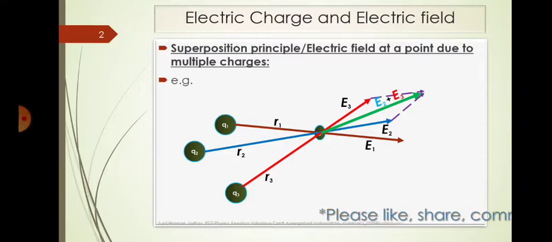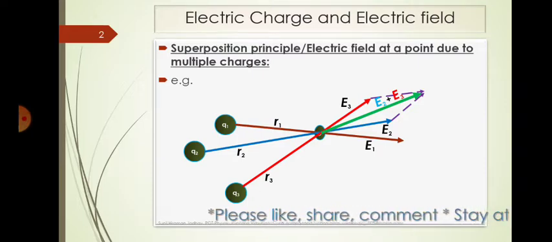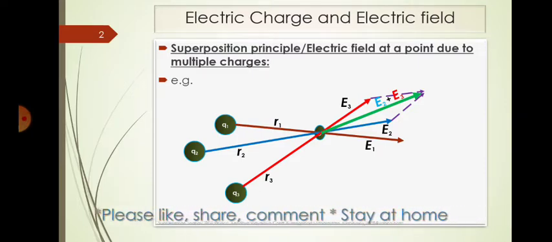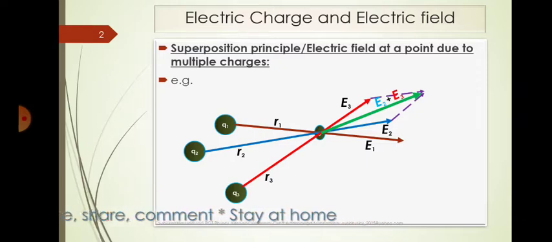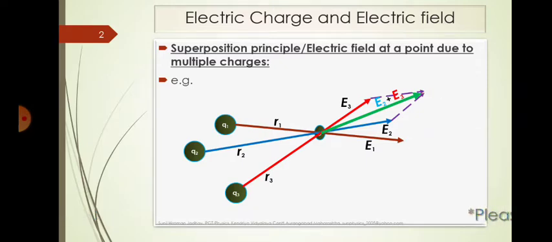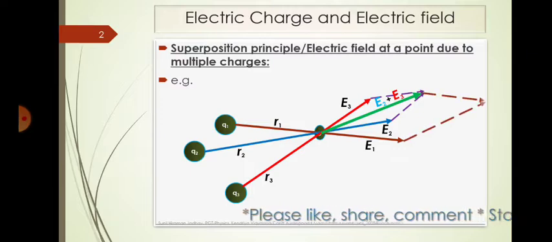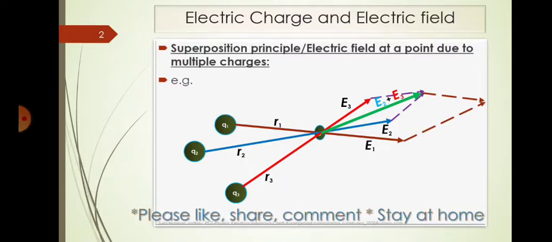Now what remains? We have to add E1 with this sum, E2 plus E3. So now we will form another parallelogram. You can see in the diagram, I have drawn one vector parallel to E1 and the other vector parallel to E2 plus E3.